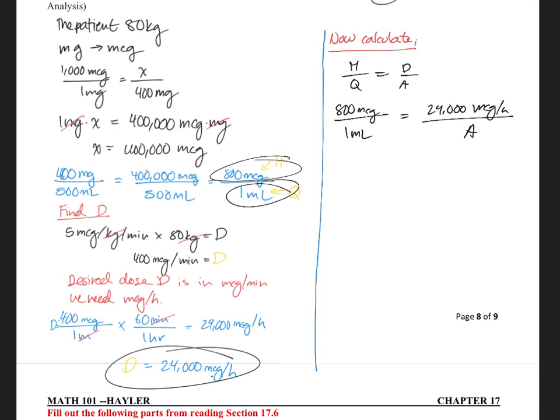We can cancel out some of the units. Now let's cross multiply. A times 800 equals 24,000, dividing both sides by 800. Those zeros cancel. We are left with A equals 30 milliliters per hour. And there we have the starting flow rate.